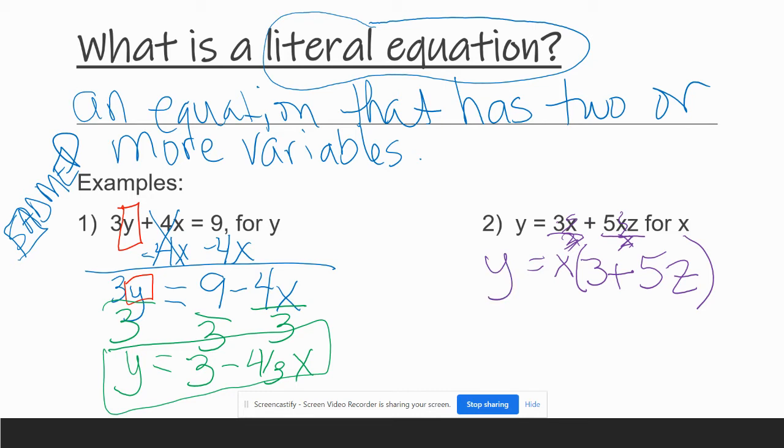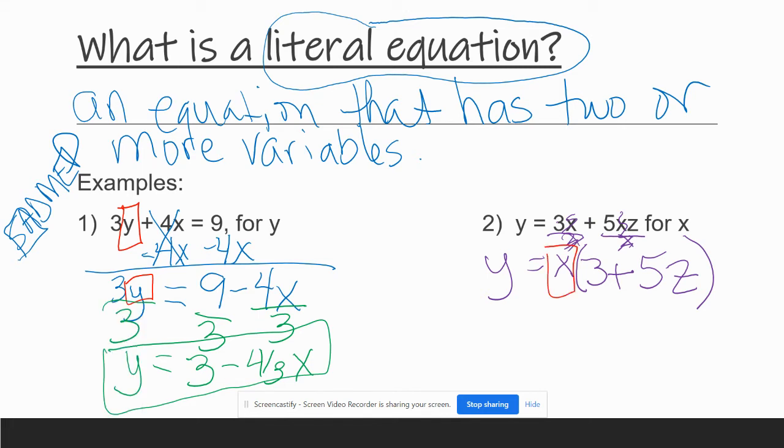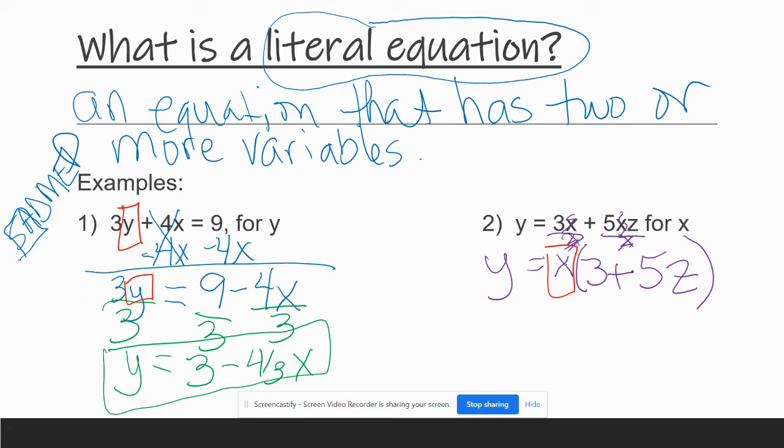Okay, well, now again, if I'm trying to get x all by itself and I cement it here, I want to make whatever is touching it move to the other side. Well, right now, x is being multiplied by this whole piece right here. The opposite of multiplying x by that whole piece is to divide x by that whole piece.